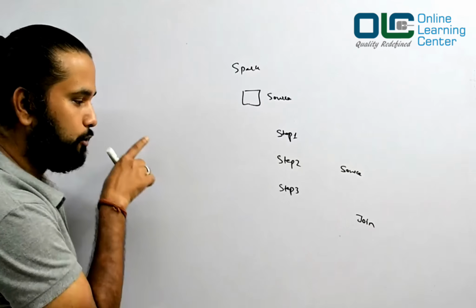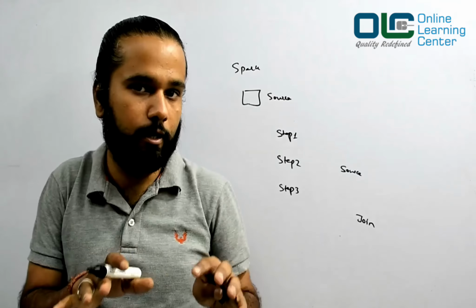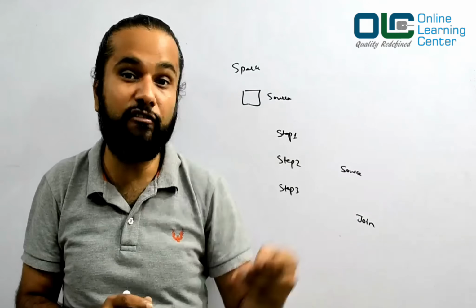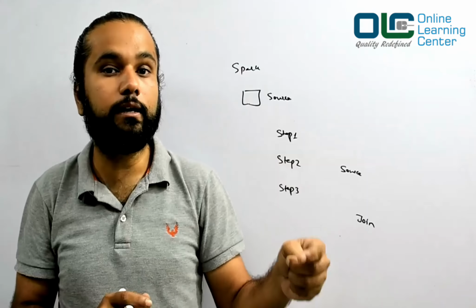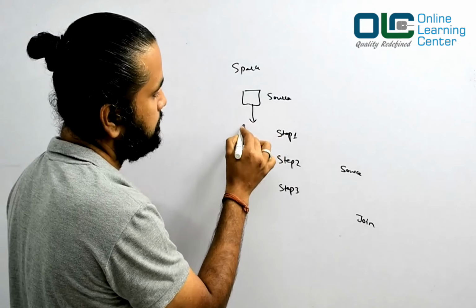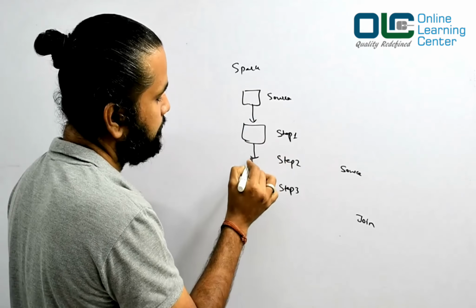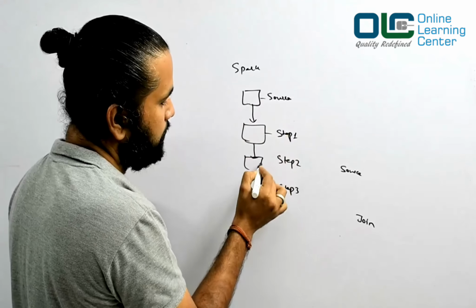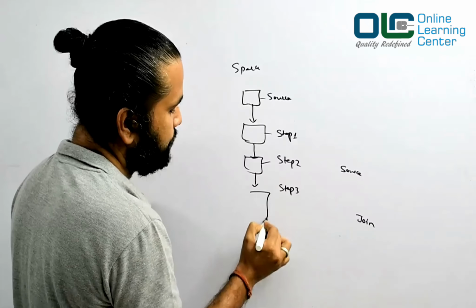Likewise. So when you write your instructions in a programming language like Scala, internally a graph will be created, a directed acyclic graph. Directed means with a direction, like this. This was the source, there's step 1, I did step 2, then we have step 3.